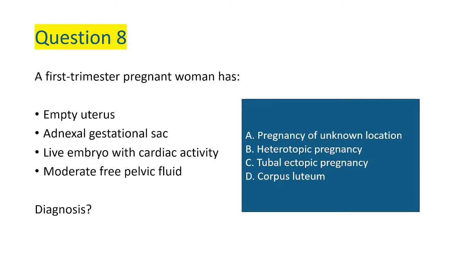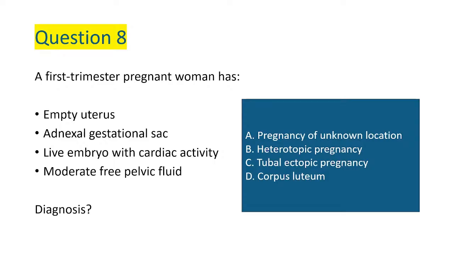What is the diagnosis? A. Pregnancy of unknown location. B. Heterotopic pregnancy. C. Tubal ectopic pregnancy. D. Corpus luteum.